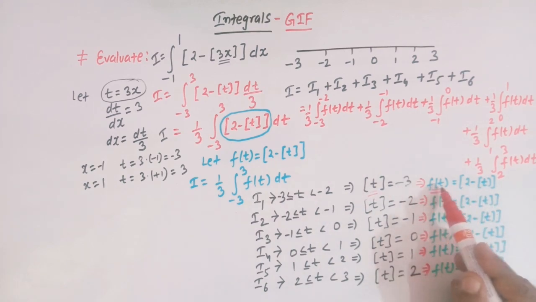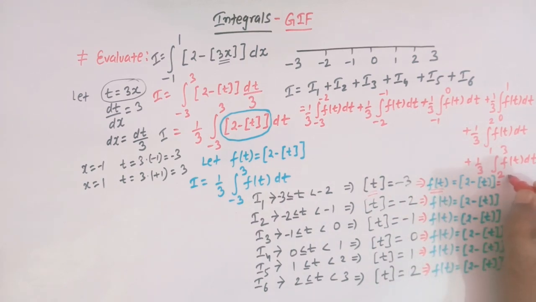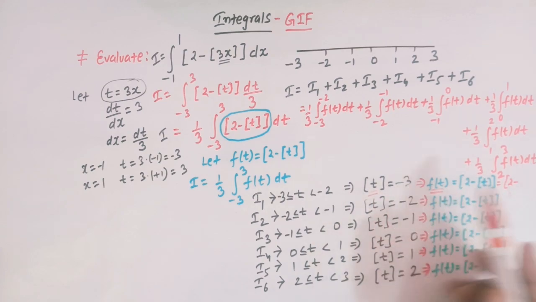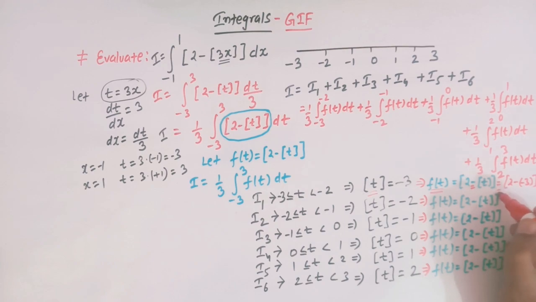So f(t) is equal to the greatest integer of (2 minus the greatest integer of t), which is 2 minus -3. We already have a negative sign, so this is the greatest integer of 2 plus 3, that is the greatest integer of 5.